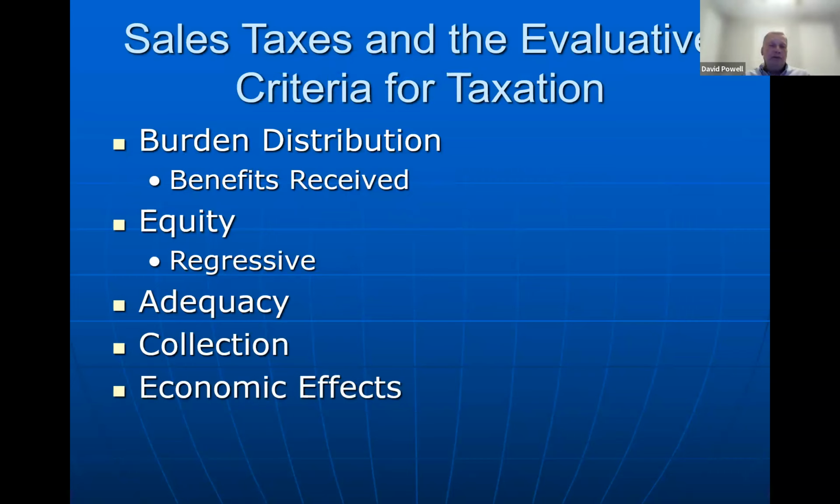So sales and consumption-based taxes, how do they then relate to our 5 evaluative criteria for taxation? Well, in terms of burden distribution, as we said, they're very much benefits received types of taxes. We are taxing people based upon the value of the benefit they get from consuming this good or service or commodity. We also said that naturally they tend to be very regressive in nature because we are not taking into account the ability of the person to pay the tax.